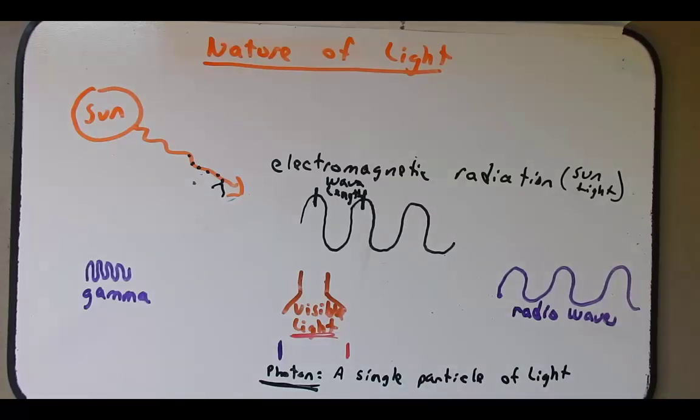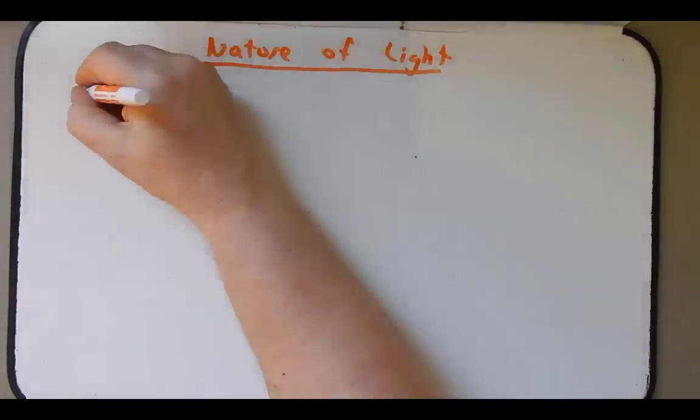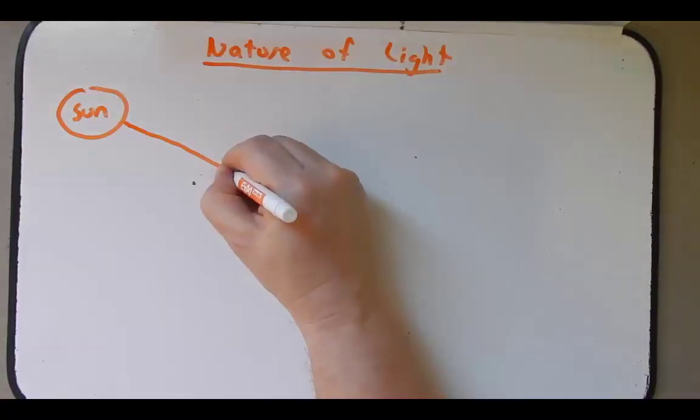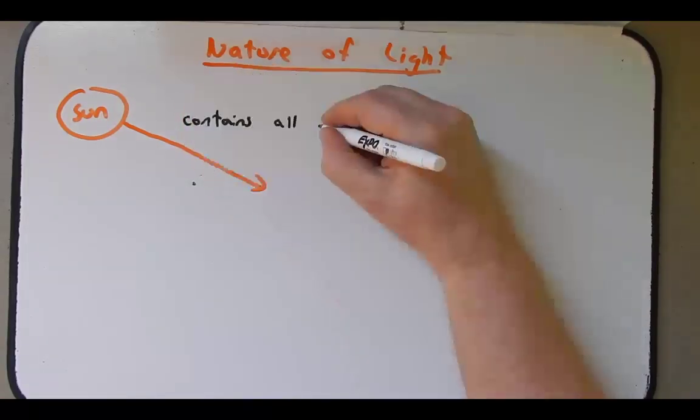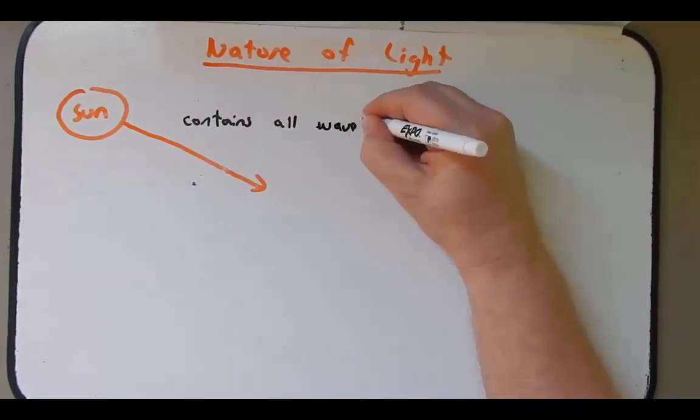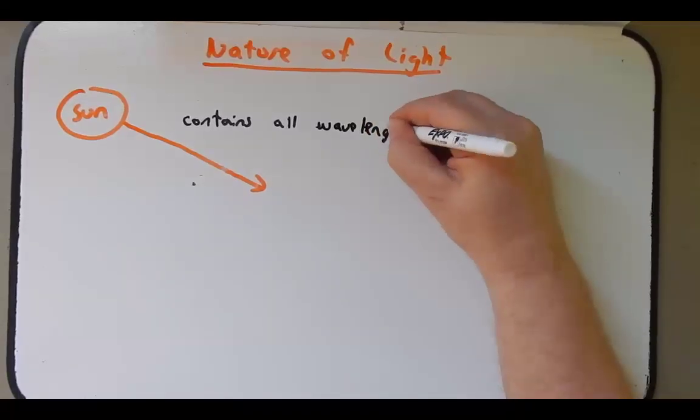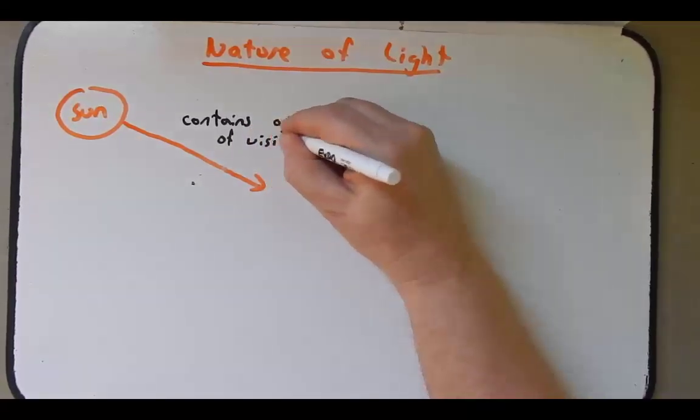Okay, so let's spend a little bit more time talking about this visible light and how objects on Earth either reflect or absorb these visible lights. So we'll draw our sun here again. And as it comes to Earth here, remember that it contains all wavelengths of visible light.